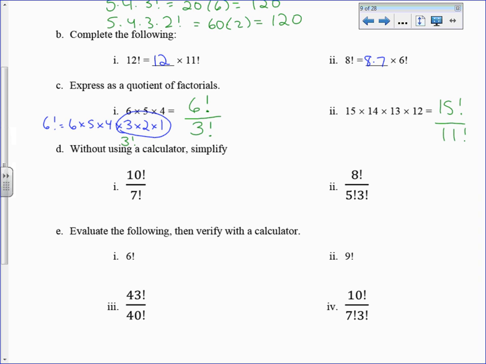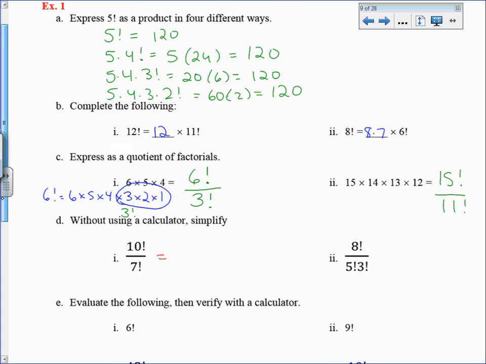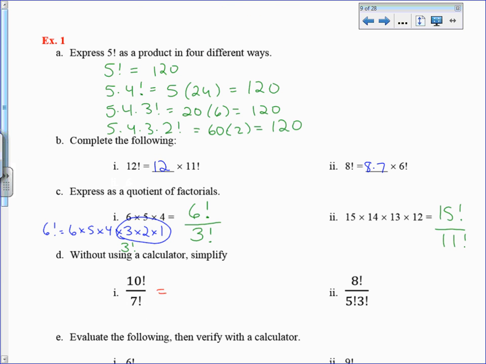So then we're going to go the other way. We're going to start with a quotient of factorials, and without using a calculator, we're going to evaluate it. We've got 10 factorial on top, but 7 factorial as the denominator, so we only need to write it out until we get to 7 factorial. We can write any number factorial as a product of a string of numbers, and we don't have to write out 5 times 4 times 3 times 2 times 1, we can write it as 5 times 4 factorial.